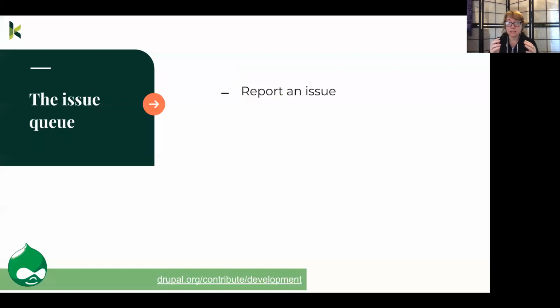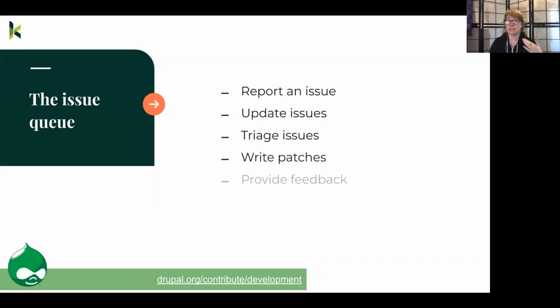It's our ticketing system for Drupal, right? It's our Jira board, it's our Kanban board. It's that centralized place for reporting an issue, updating an issue, triaging issues, writing patches, providing feedback, and testing. So those are all the different things that you can do in the issue queue.